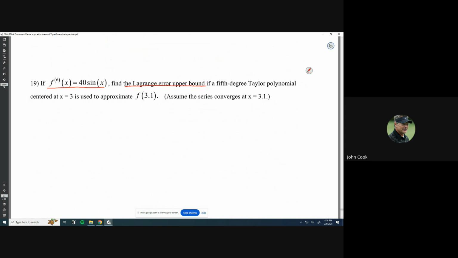I'm not even going to read the rest of this because I know that the error is going to be less than or equal to the absolute value of my Taylor term. But wherever I see an n, I'm going to replace that with an n plus 1.